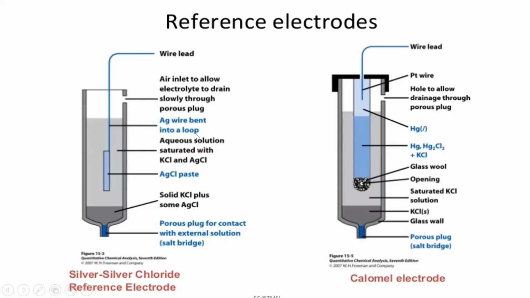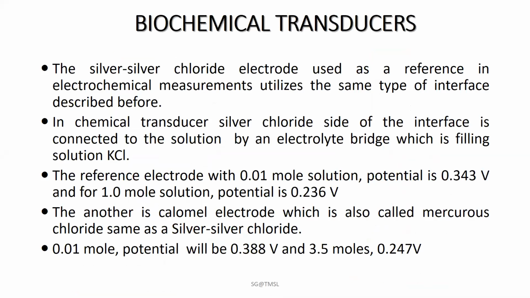So here the calomel electrode is very stable over long periods of time, and it has served well as a reference electrode in many electrochemical measurements. The electrode potential of the calomel electrode depends on the concentration of potassium chloride solution.